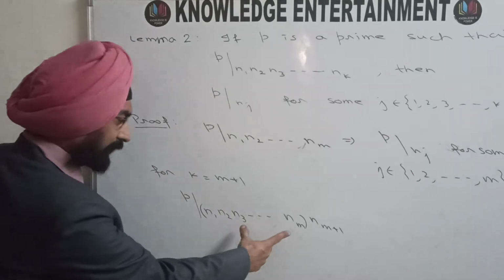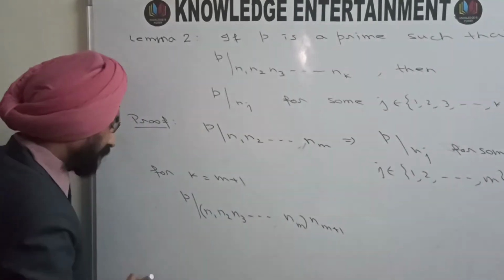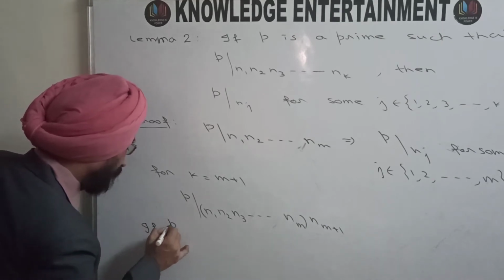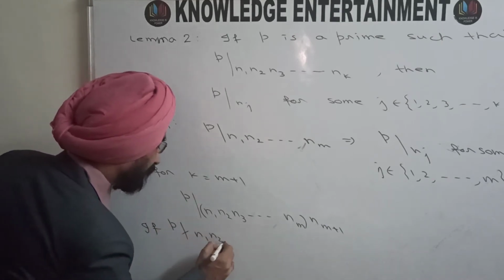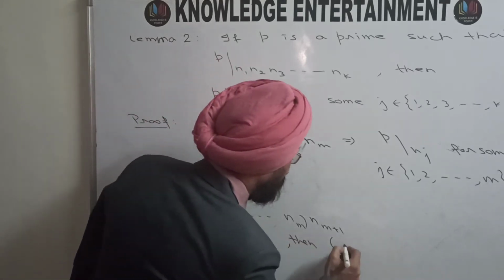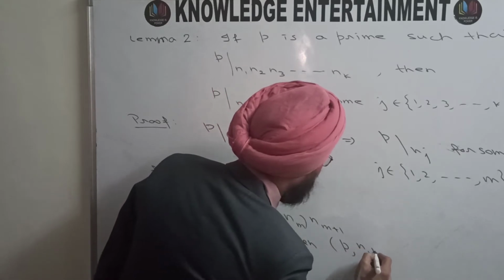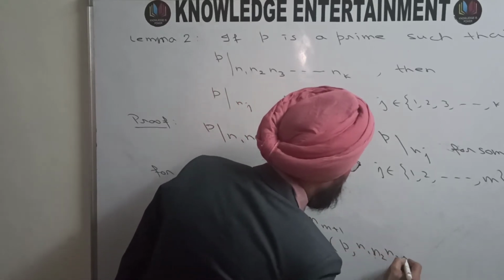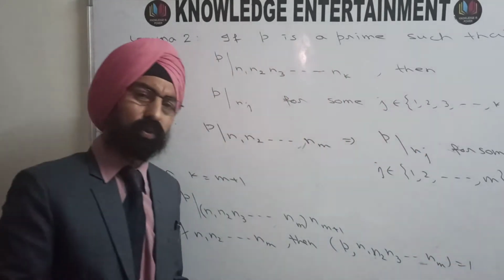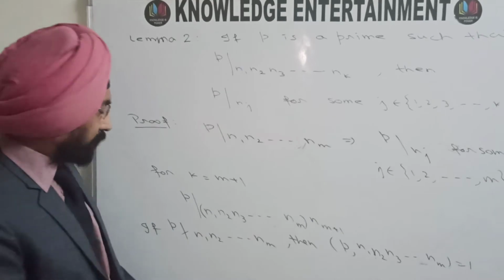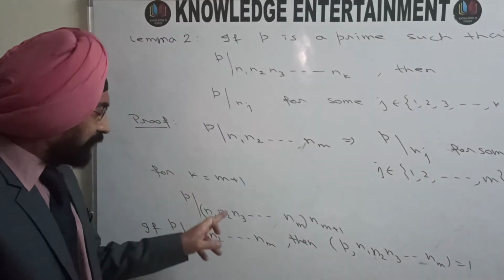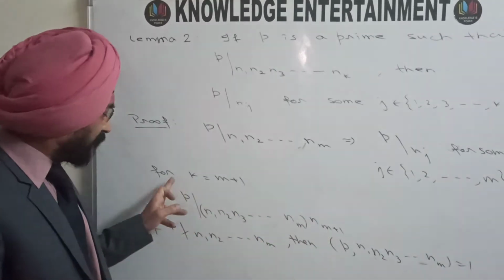If P does not divide this product in the bracket, since P is prime, if P does not divide n1, n2, nm, then definitely GCD of P and n1, n2, n3, nm is equal to 1. Now let it be B and this is C. So P divides BC and GCD of P and B is 1.